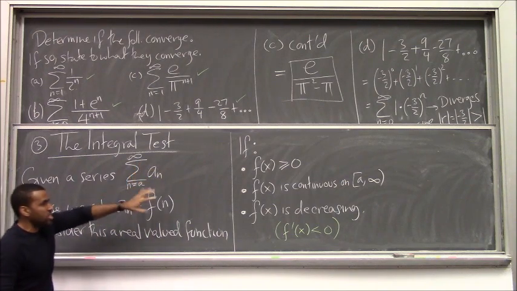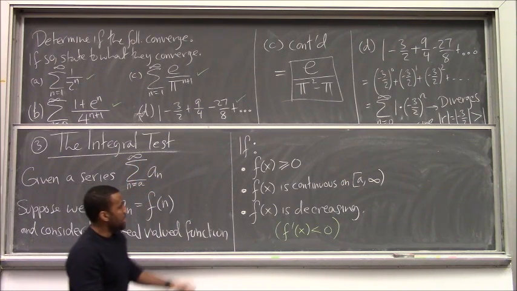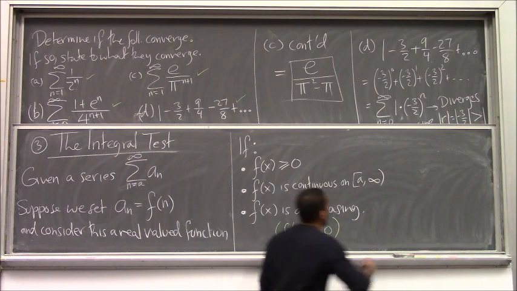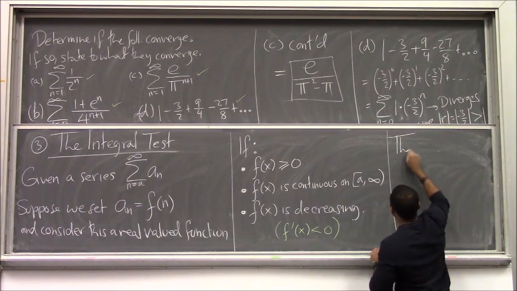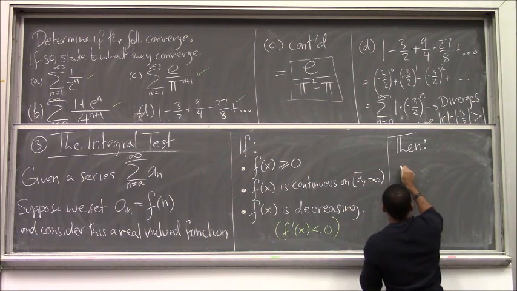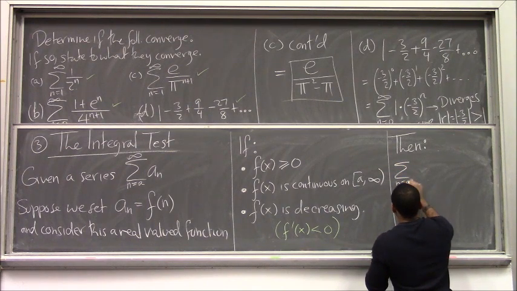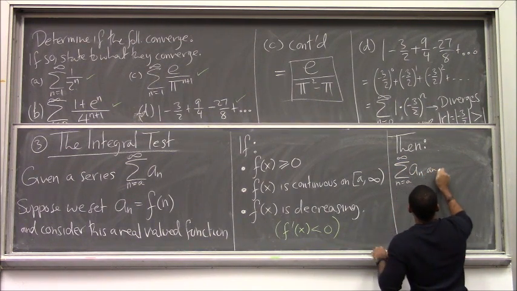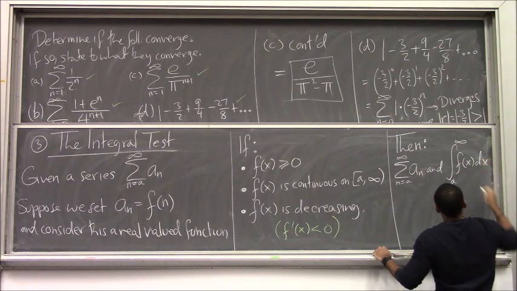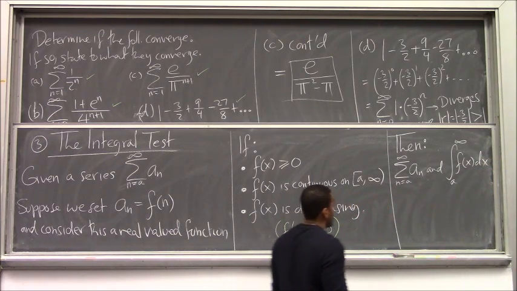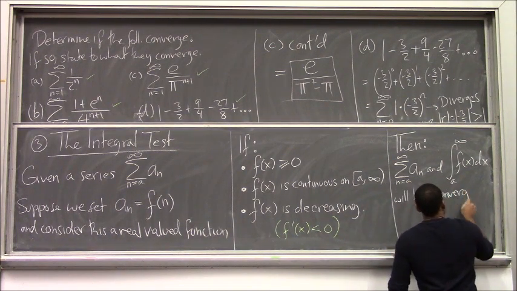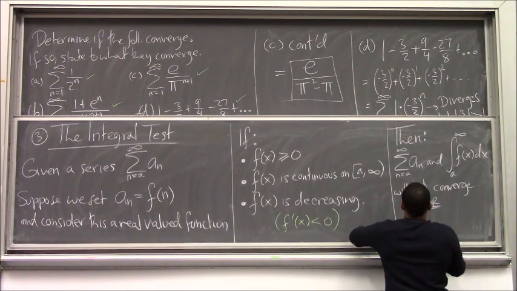If I think of that formula as some function, and I notice these things are true about the formula, then, so if all of this is true, then the series that I'm considering, n goes from a to infinity of a_n, and the improper integral from a to infinity of f of x dx will both converge or both diverge.